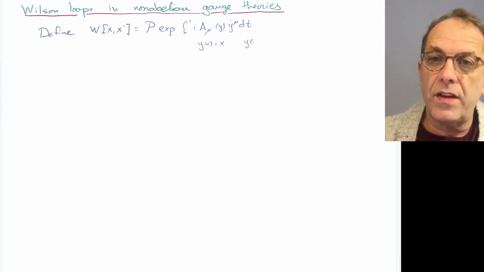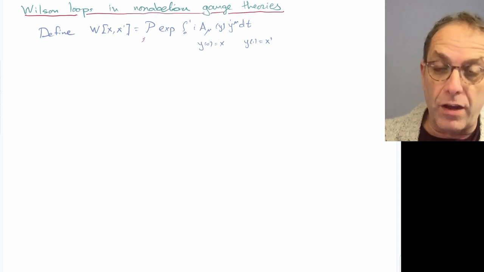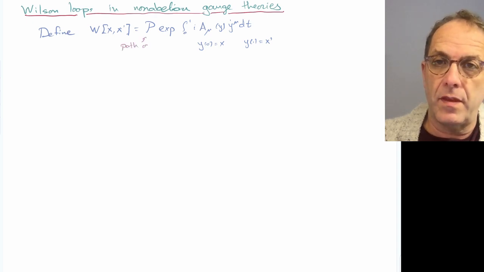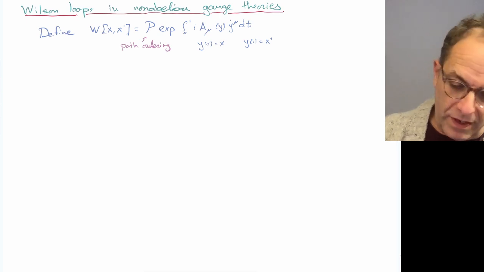So it is given in terms of the exponent of the integral of A from x to x prime, here parametrized in terms of y of t. But it's not really that, because of this P symbol, which is called path ordering.